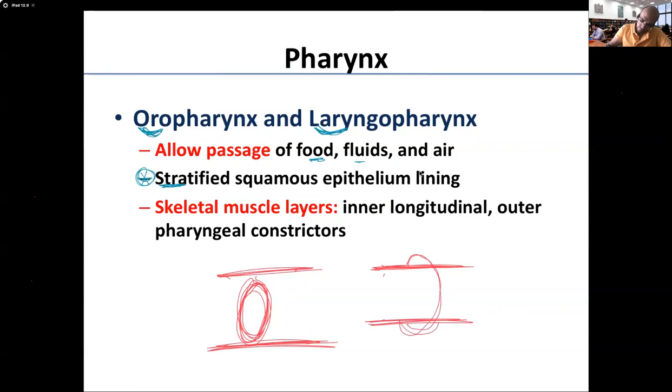What do you think? Because if you did have the longitudinal muscle layer on the inside like this, what's going to happen when you contract this circular muscle layer? You're going to be blocking the blood supply going to the longitudinal muscle layer.